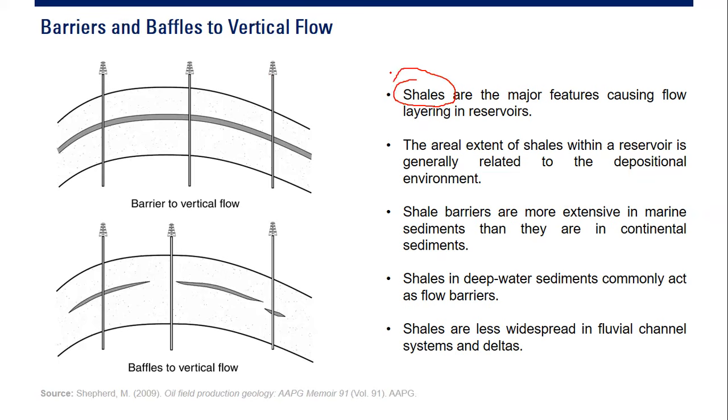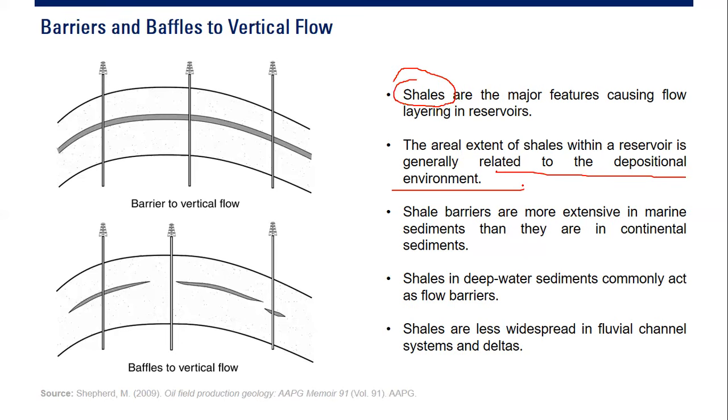The areal extent of shales within a reservoir is generally related to the depositional environment. This is a very important statement. So now, especially if you're engineers, reservoir engineers or production engineers, you know that your reservoir has sort of barriers or baffles that can somehow slow down the vertical flow, slow down the water coning, something like that.